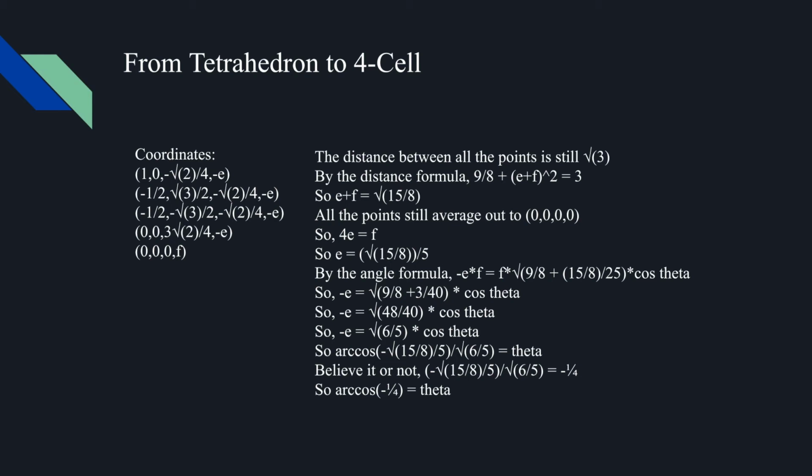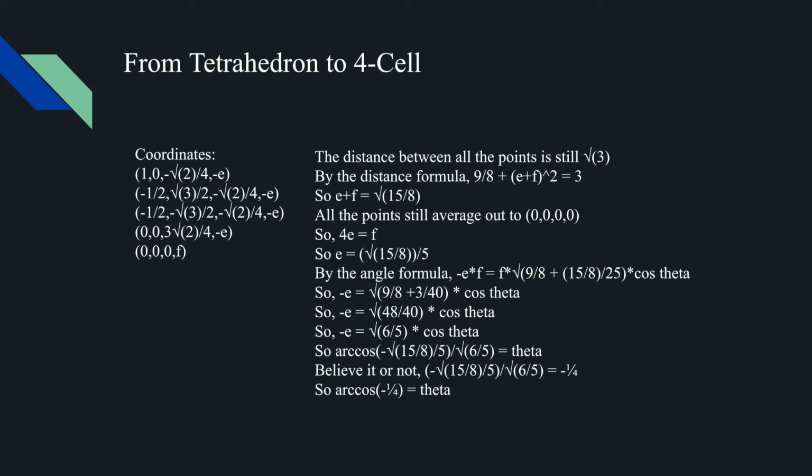For the triangle, the angle between all the points is arc cosine of negative 1 over 2, and 2 is the dimension. And then for the tetrahedron in dimension 3, the angle between them was arc cosine of negative 1 over 3, which is also the dimension. And then this is also true in the fourth dimension with the 4 cell.